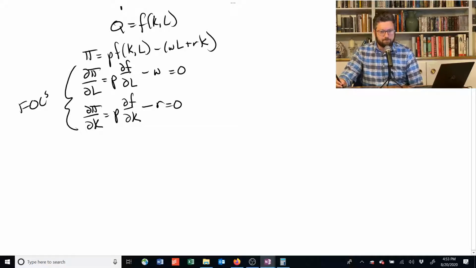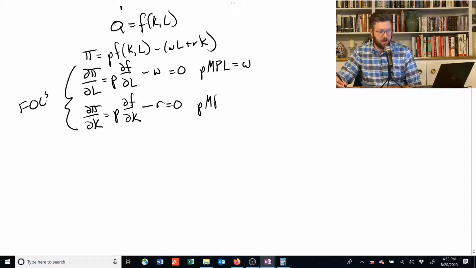And notice that we still have the logic that price times the marginal product of labor is equal to the wage rate. But now we also have that the price times the marginal product of capital is equal to R, because the derivative of the production function with respect to capital is the marginal product of capital.